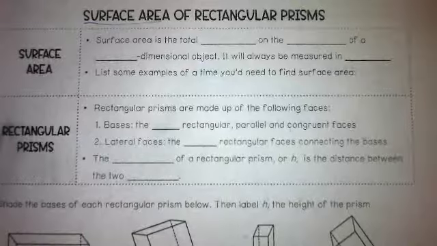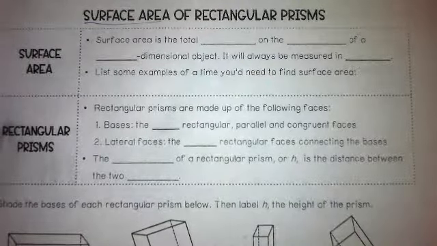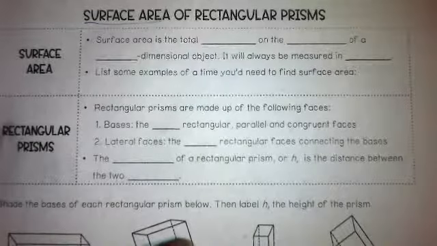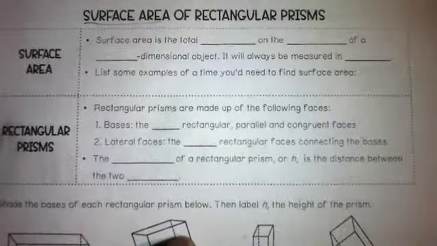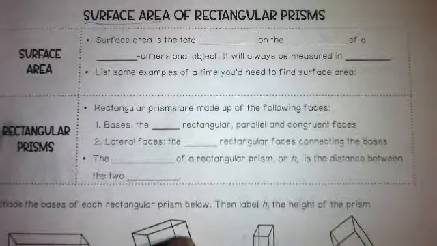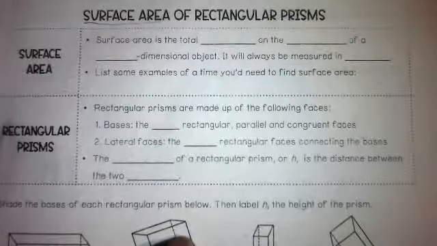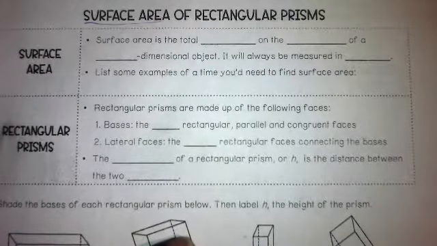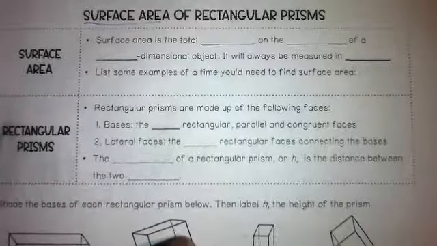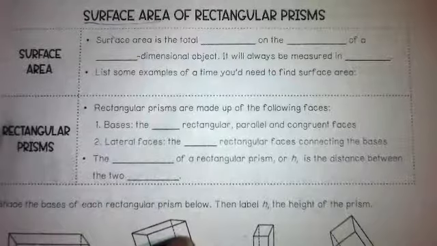The surface area would be what you wrap around the gift box. The volume, like we did last week and the week before, will be what you would put in the gift box. So we're going to talk about surface area real quick as a tool to figure out what covers certain shapes and how we can use those particular things to do it.